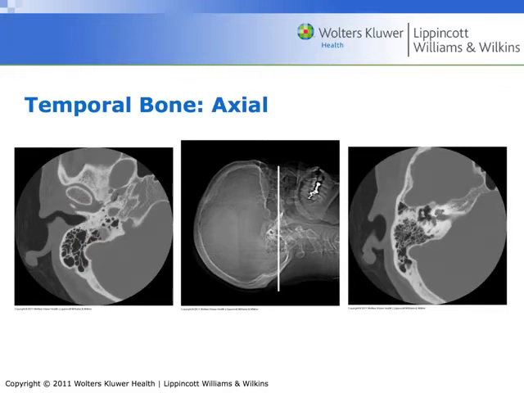Mastoid air cells, of course. External auditory canal. Here's a continuation of the jugular foramen, the jugular vein exiting the brain. Okay.